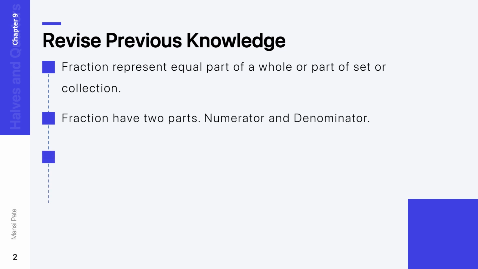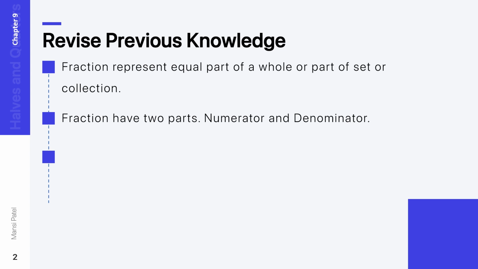A fraction has two parts, the numerator and the denominator. Now in the denominator, what do we write down? We write down the total parts of a thing or a total parts of an object. Now what do we write down in the numerator?